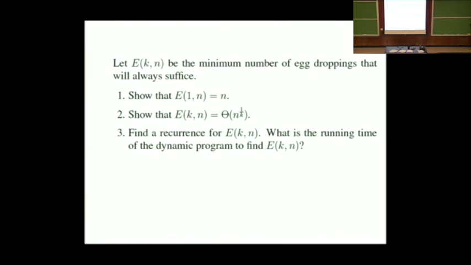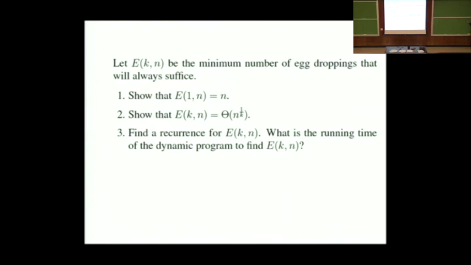Okay. What is the cost of finishing the job up? We agree we spent one toss to toss it off on the F floor. E of k minus 1, and N minus F. Let's think about it.